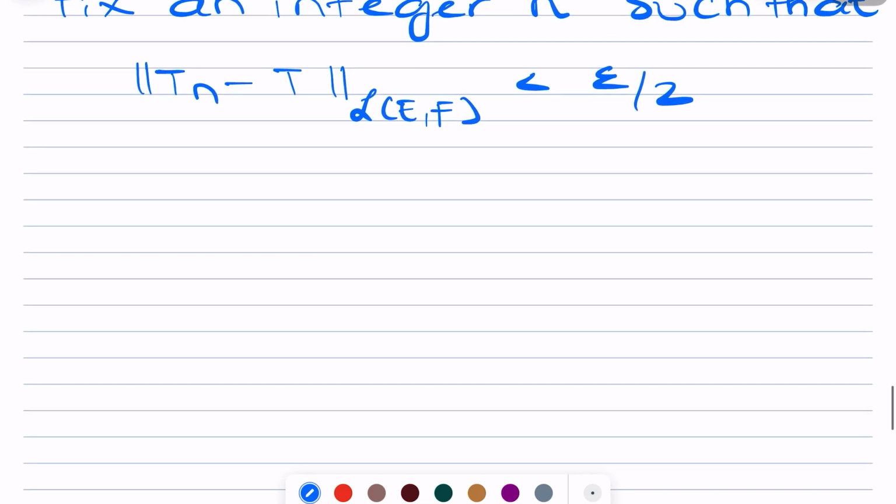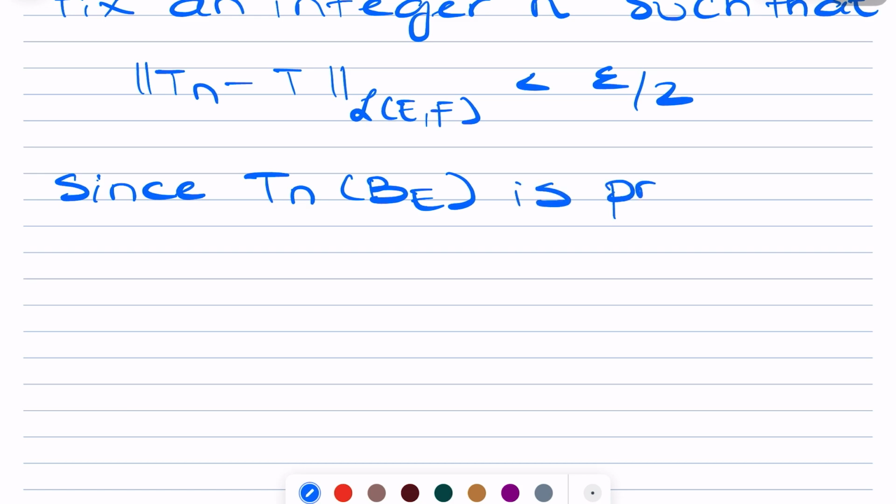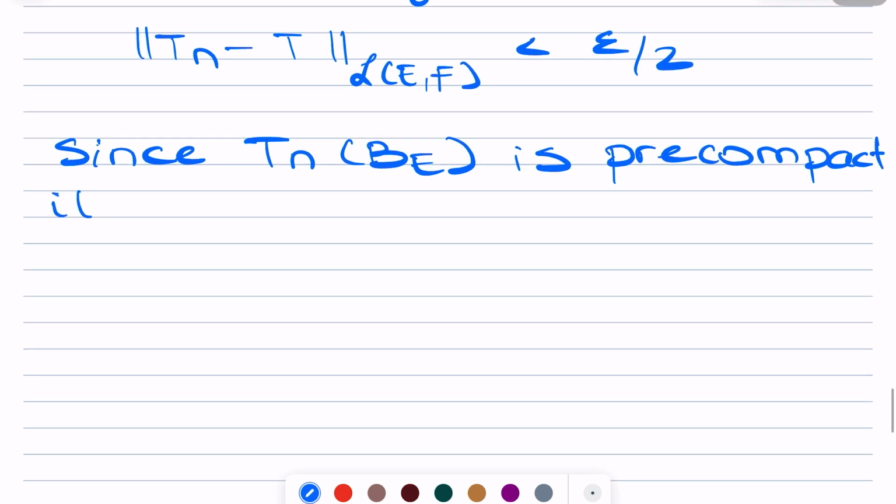Now, since T_n is a sequence of compact operators, the image of the closed unit ball via T_n is pre-compact. So since T_n(B_E) is pre-compact, it is totally bounded.